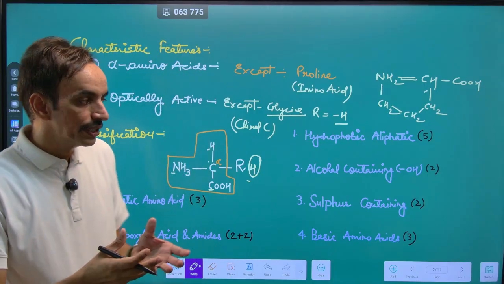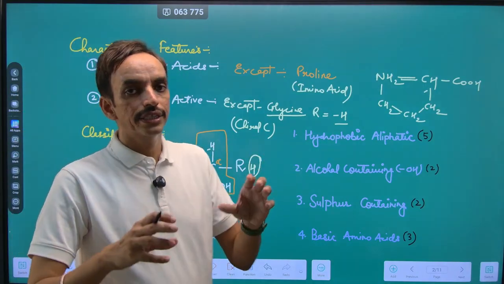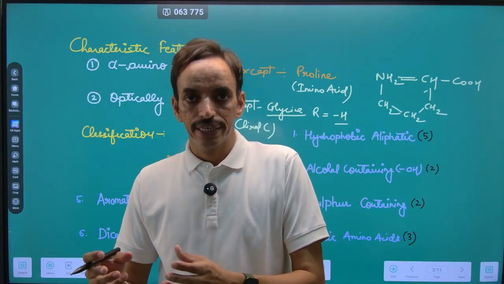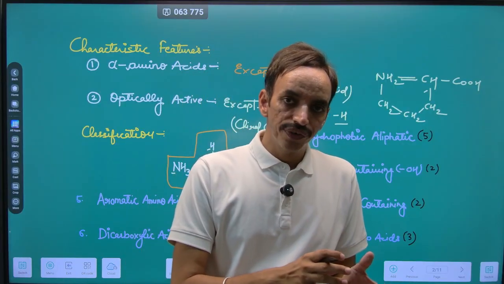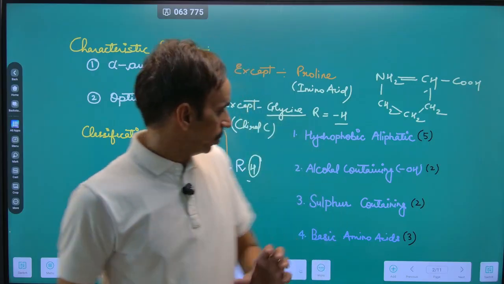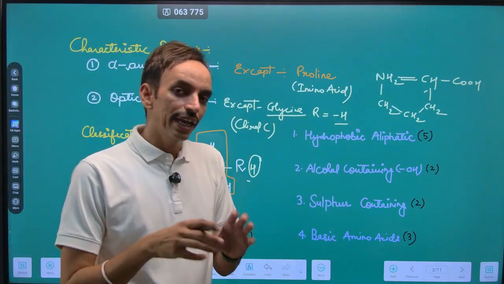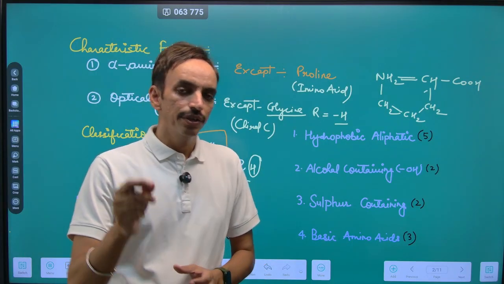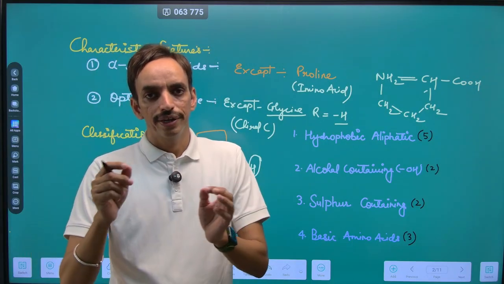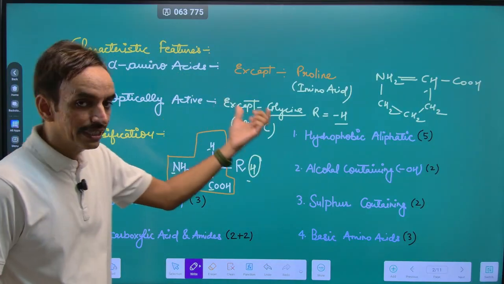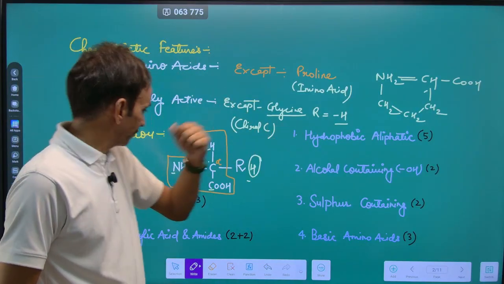A molecule having a chiral carbon is able to rotate the plane of plane polarized light, either levorotatory or dextrorotatory. So except glycine, all other standard amino acids have a chiral carbon and can rotate the plane of plane polarized light and are thus optically active. Glycine is not optically active.